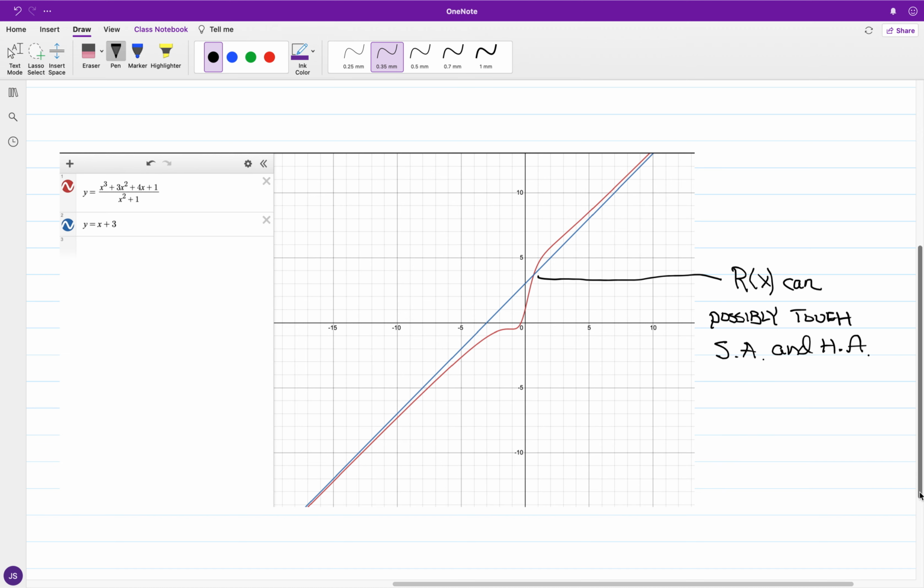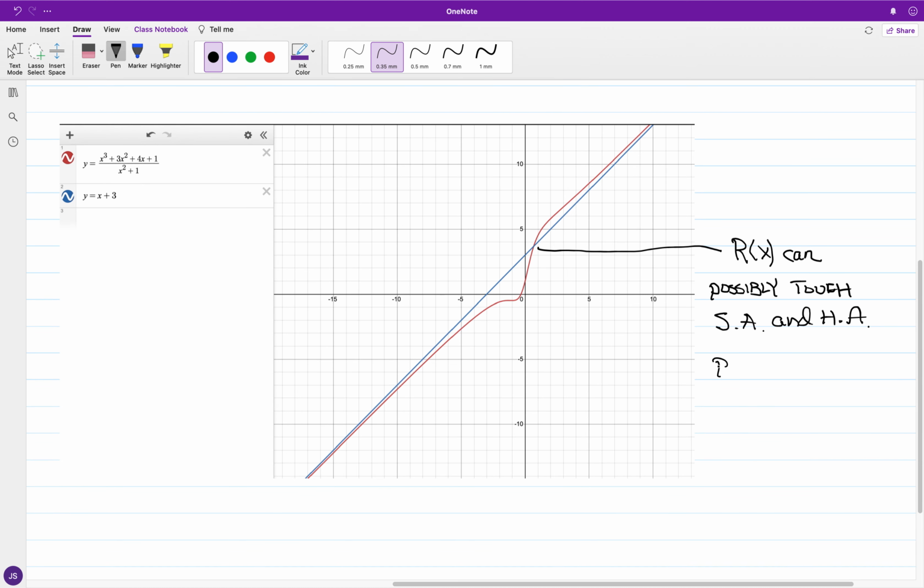But again, r of x never touches vertical asymptotes. Vertical asymptotes are off limits in all cases, but for some cases, the graph of the rational function can come into contact with slant as well as horizontal asymptotes.